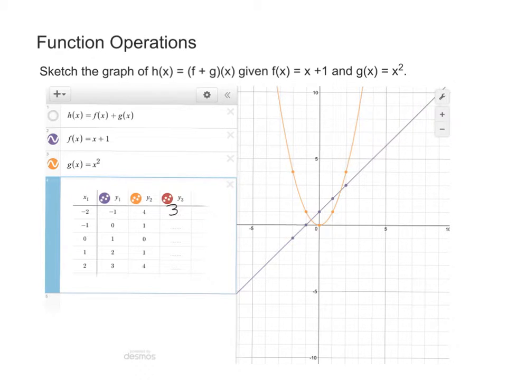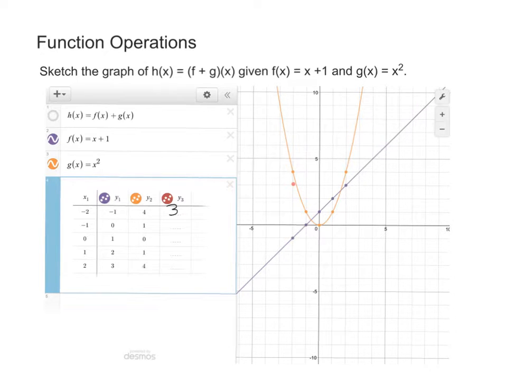It's -2 and 3. So -2, 3. It's right there. You see that point that I plotted? -2, 3. Easy, right? So that's 1 point on that function h of x, which is the sum of f and g.